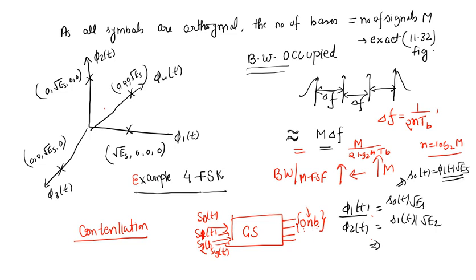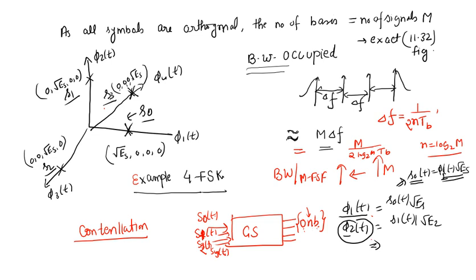So in S0(t), only the component of phi 1(t) is available; phi 2(t), phi 3(t), phi 4(t) are not available. Similarly for S1(t), S2(t) and S3(t), only the corresponding phi component is available. So you can draw it in the constellation like this: this is your S0, this is your S1, S2 and S3.